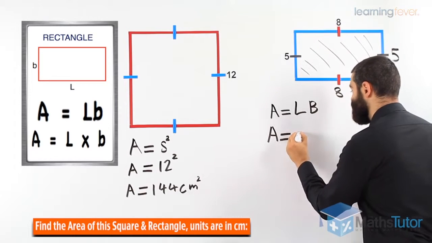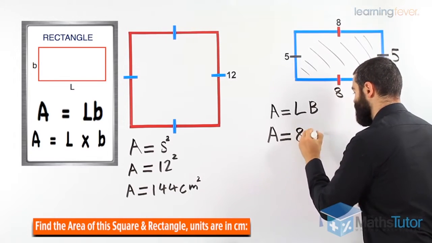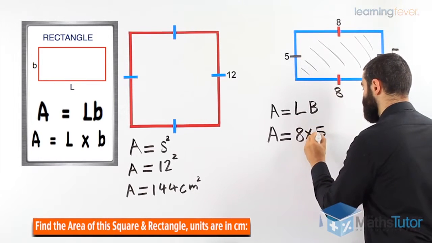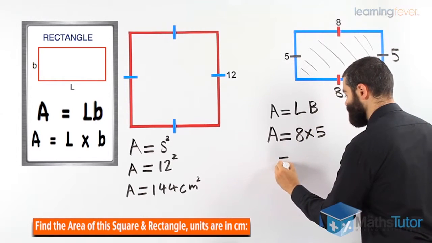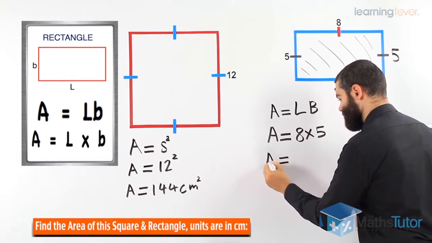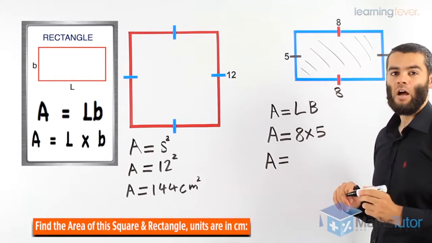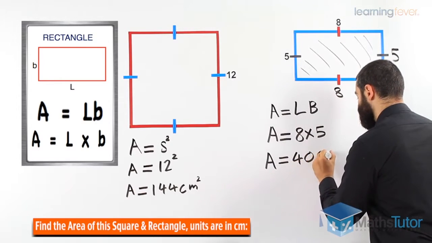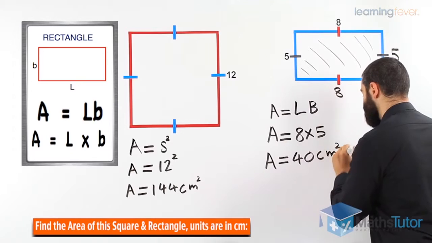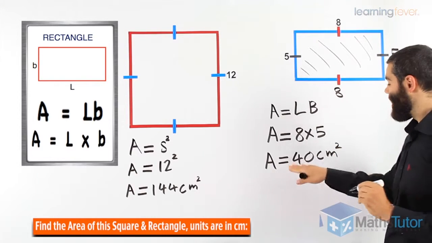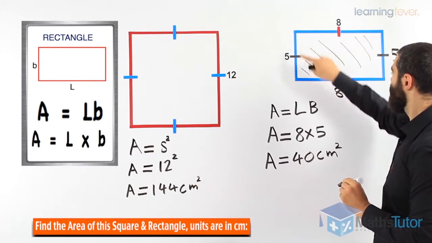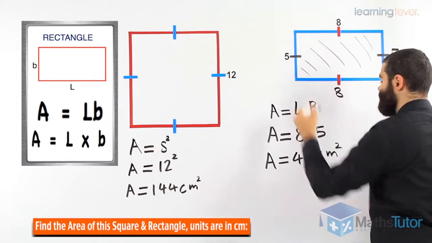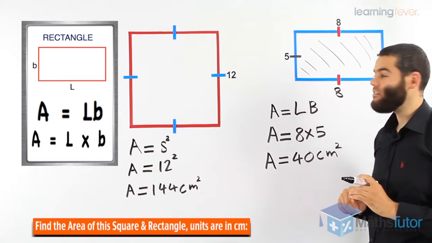Length is 8 times breadth is 5. 8 times 5 is 40 centimeters squared, or square centimeters. Our answer, the area of this rectangle, everything inside it, is 40 square centimeters.